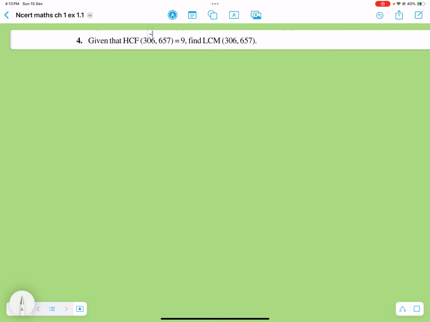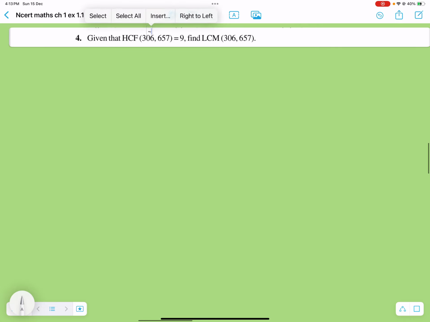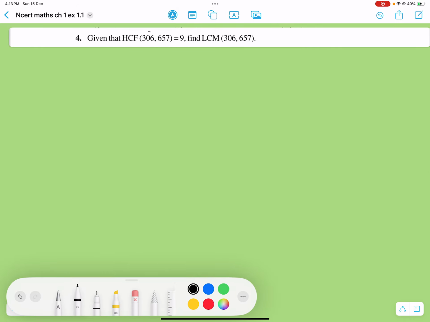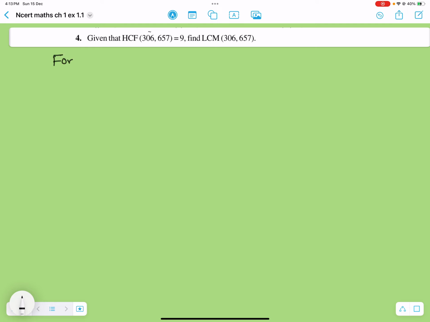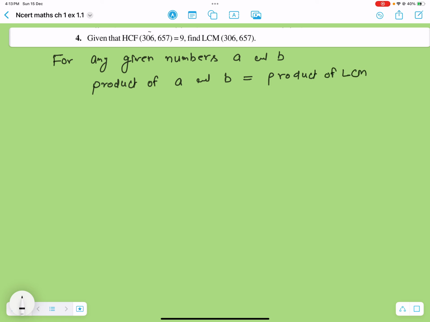We can write it down like this. For any given numbers A and B, the product of A and B equals the product of LCM and HCF, right?